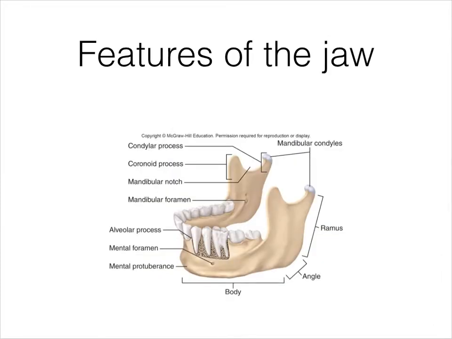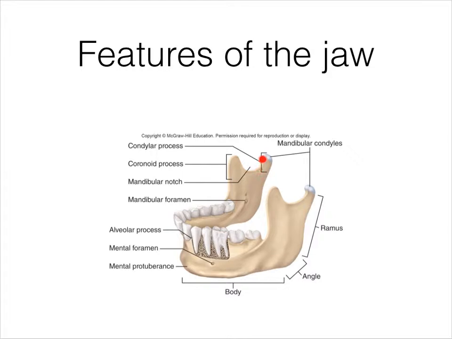So there's a few different types of these features on the mandible here. You can see these up here. These are the mandibular condyles, and that means that they're rounded, knob-like articulatory surfaces. Here we can see the coronoid process. All right? So it's not called a condyle, so it doesn't form part of a joint. It's an attachment point.